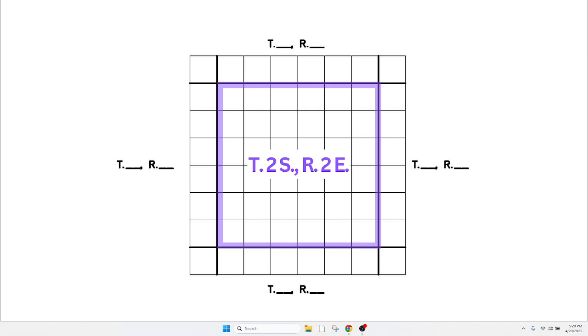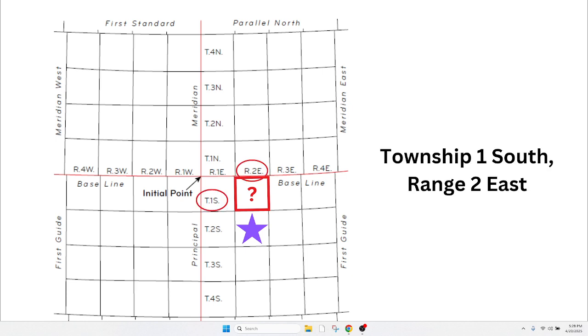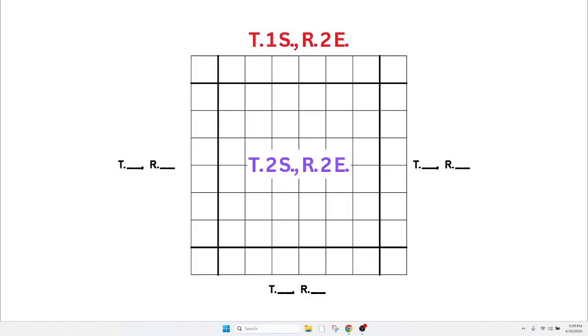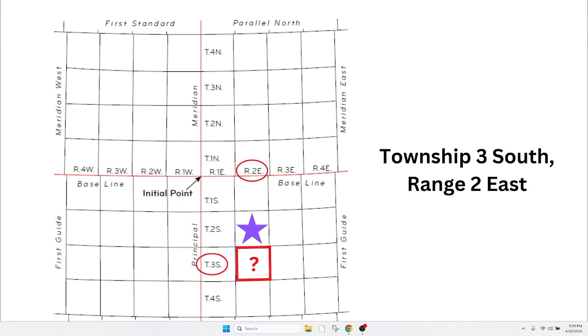If we take a closer look at the Township 2 South, range 2 East, shown as this purple square, what are the townships adjacent to it on each of the sides? What township is to the north? It's Township 1 South, range 2 East. What township is to the south?